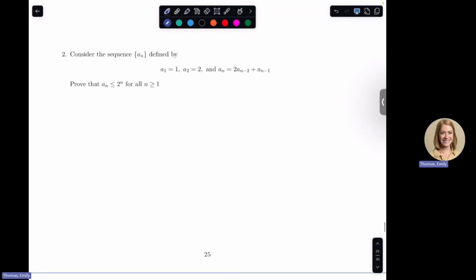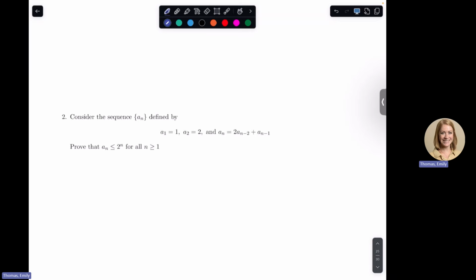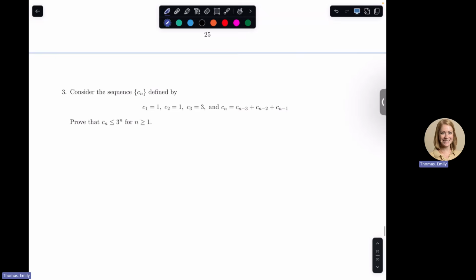So like on, say, this one, I would still do 3 base cases, 1, 2, and 3. On this one, I would show it for 1, 2, 3, and then 4.